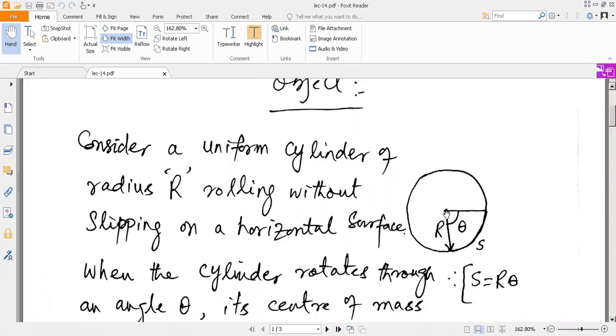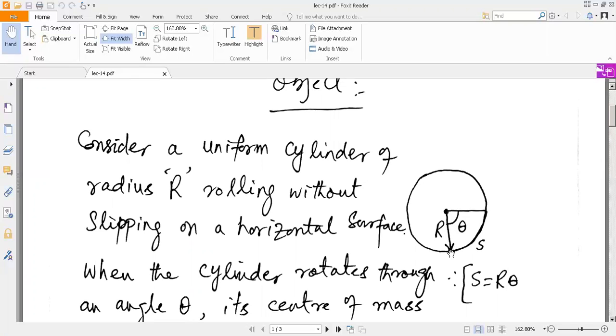and here lies the center of mass of this rigid object, and the distance of this center of mass from its particles on the surface is r.